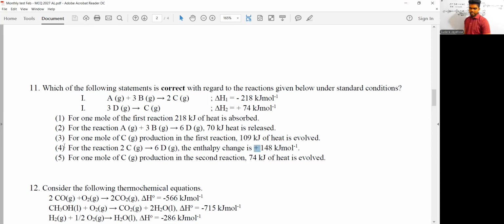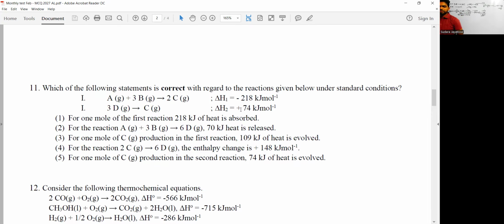And look at the last statement. For 1 mole of C production in the second reaction, 74 kilojoules of heat is not evolved, but it is absorbed. Because in the second reaction, it is plus 74. Understood, Lama? So you can easily explain.